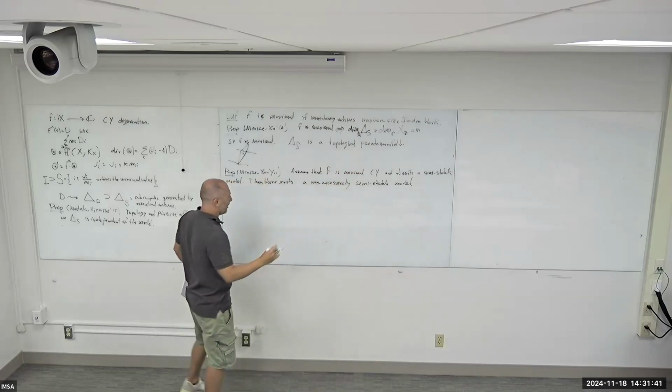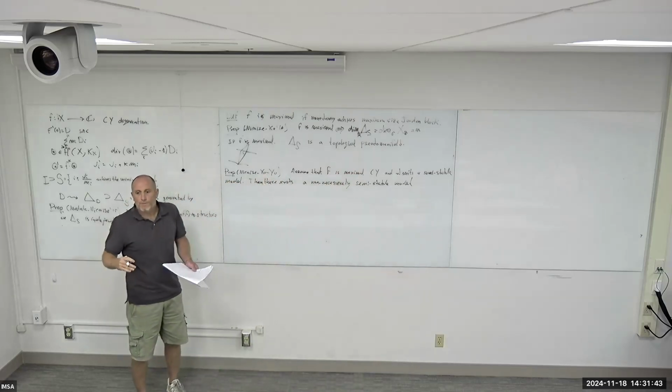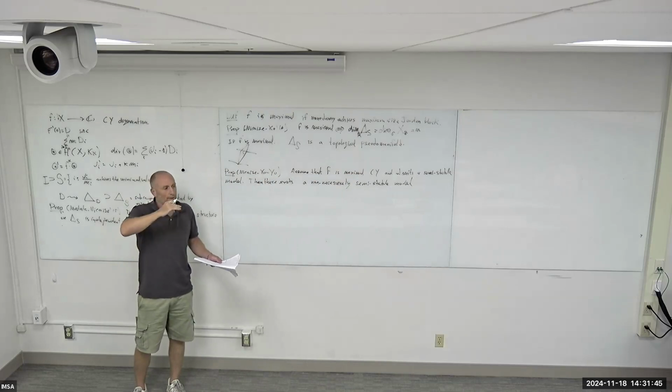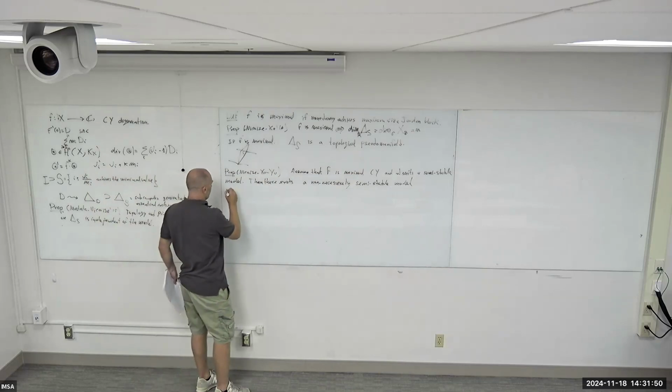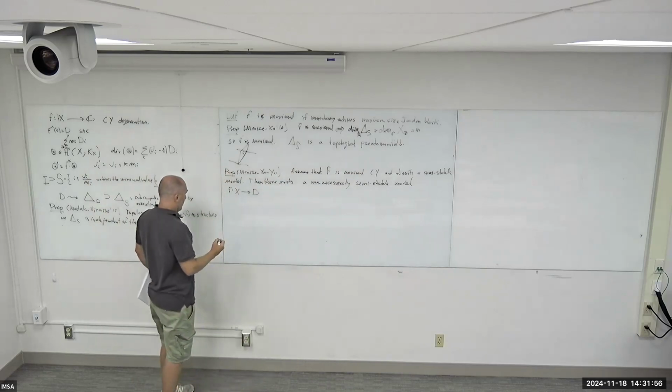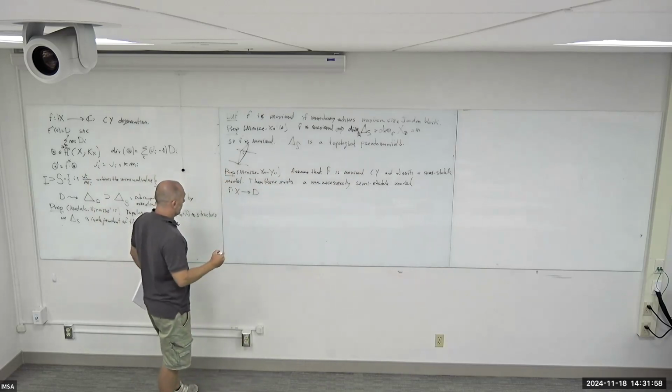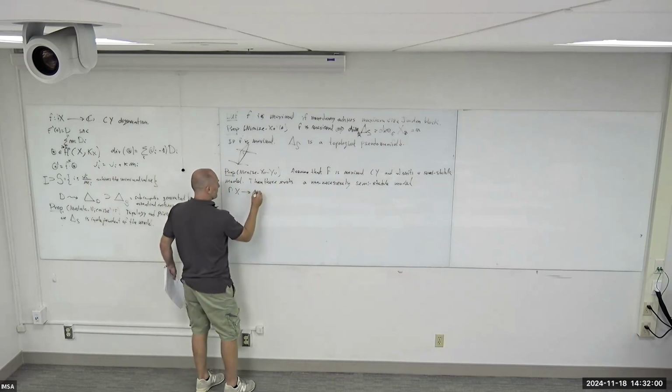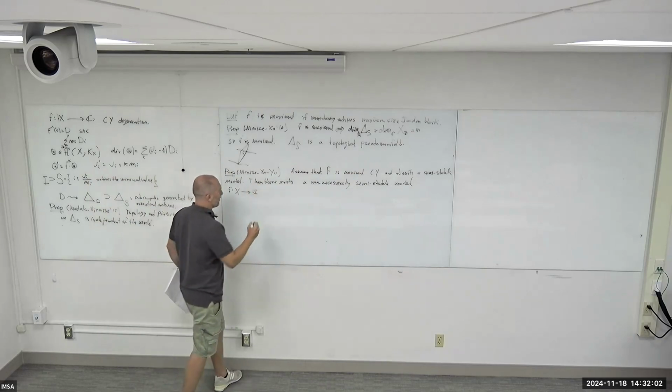So you start with one model, and then maybe you do birational transformations and get another model. I didn't give a name to this model. C. With the following properties.